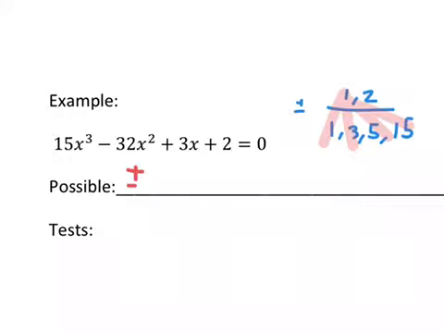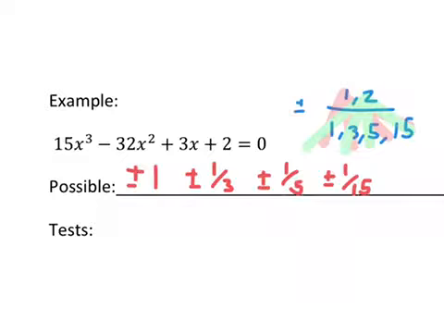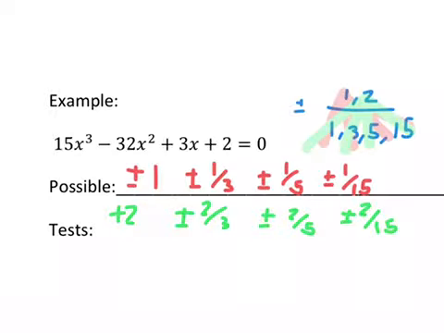So we've got plus or minus 1, plus or minus 1/3, plus or minus 1/5, and plus or minus 1/15. And then you'd do all the ones for the 2's. So we'd have plus or minus 2, plus or minus 2/3, plus or minus 2/5, and plus or minus 2/15.